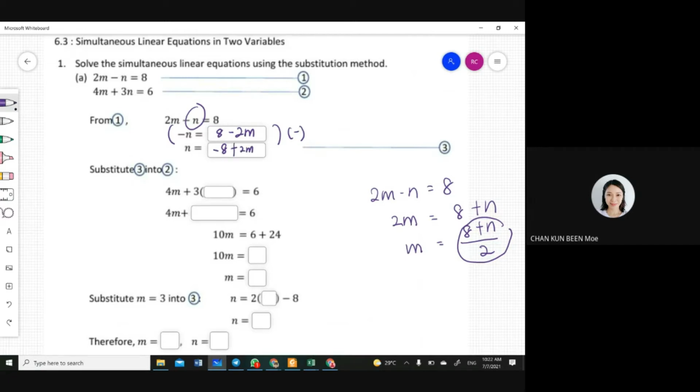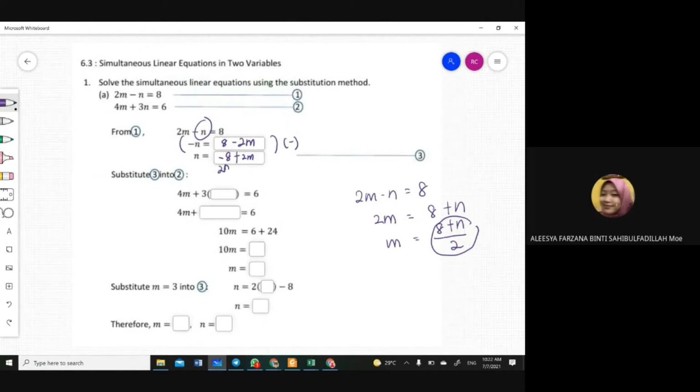Your answer is not wrong, but usually we write the first term in positive form. That's why the correct answer over here is n equals 2m minus 8. We have to put the positive one in front. But this one is still correct. We keep the second one; the first one we don't want. So it is 2m minus 8.